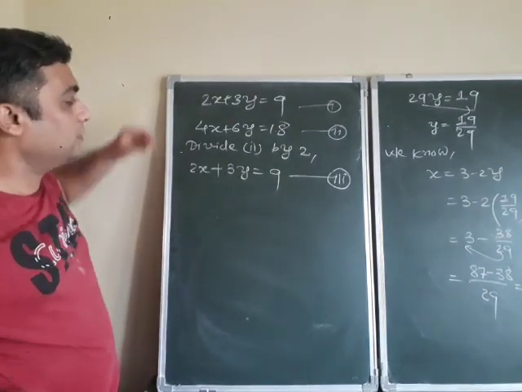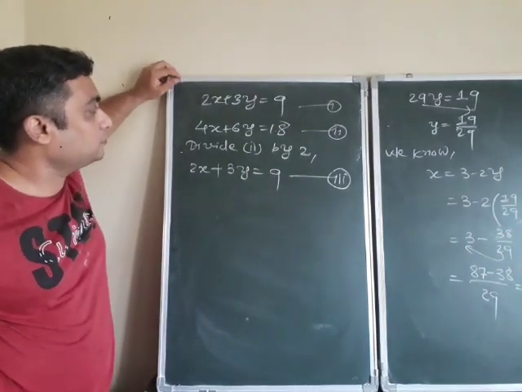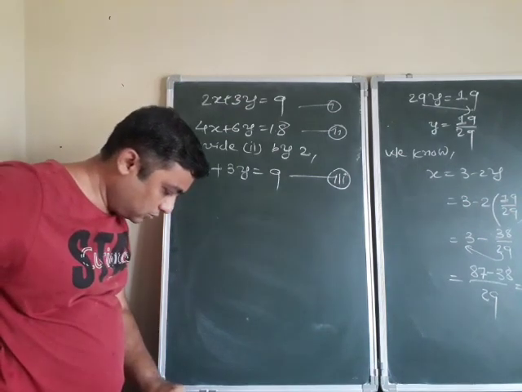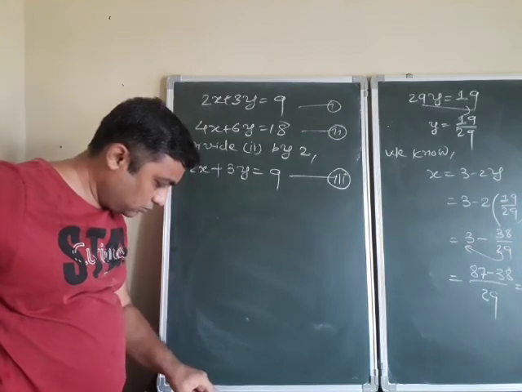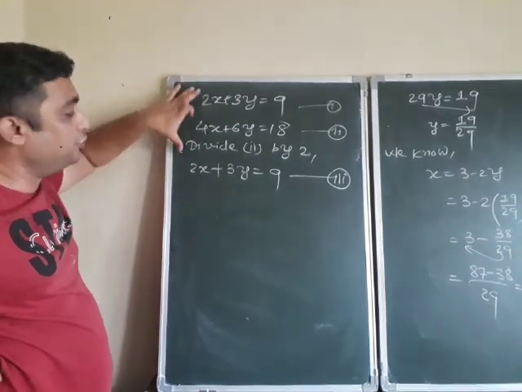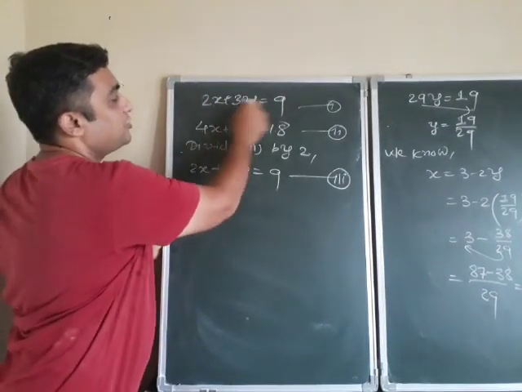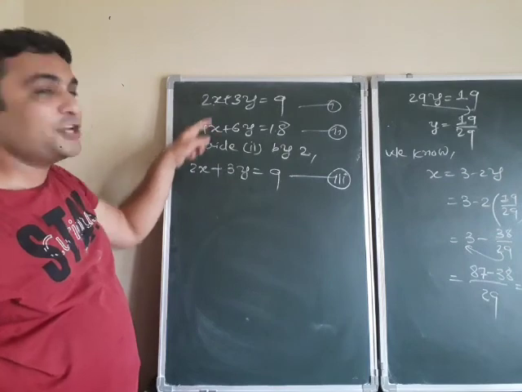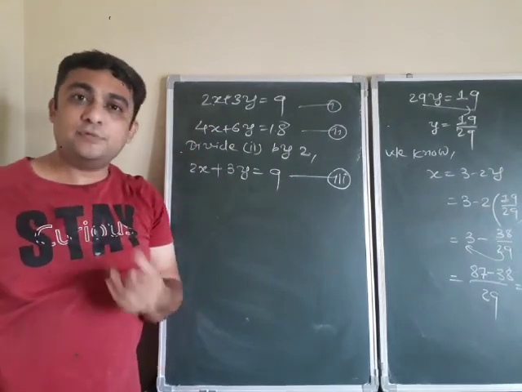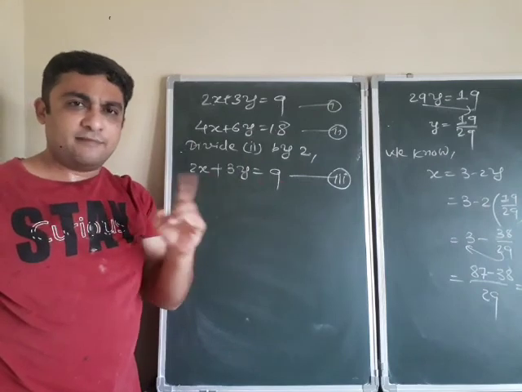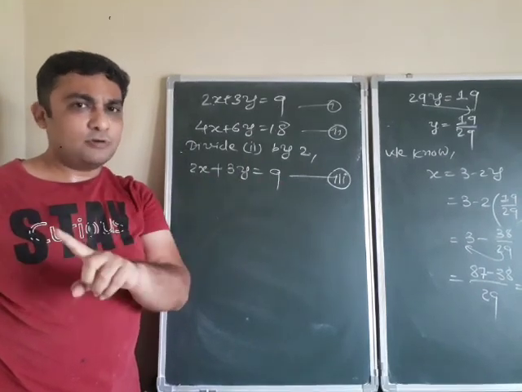Clear? Now see. First you observe this equation and this equation. See, both equations seem to be the same. Am I right? It means both these lines are coincident lines because their equations are the same. Analytically we saw that a1/a2 is equal to b1/b2 is equal to c1/c2.